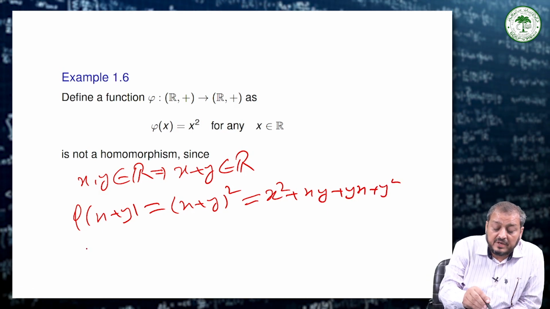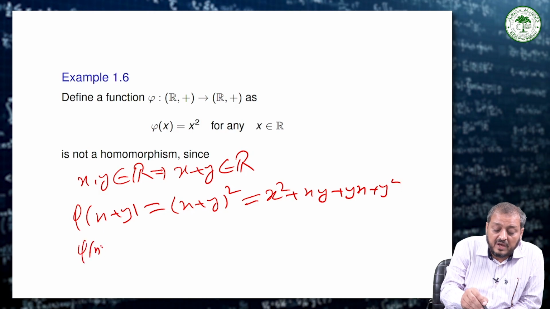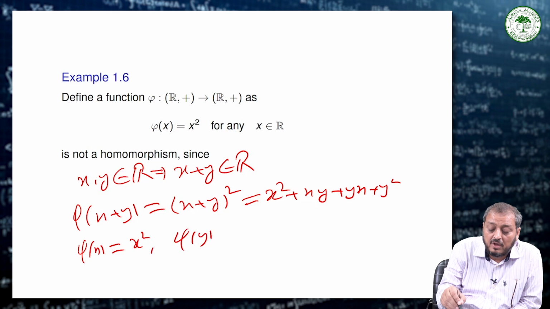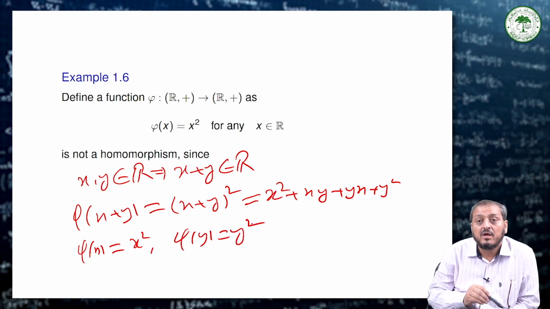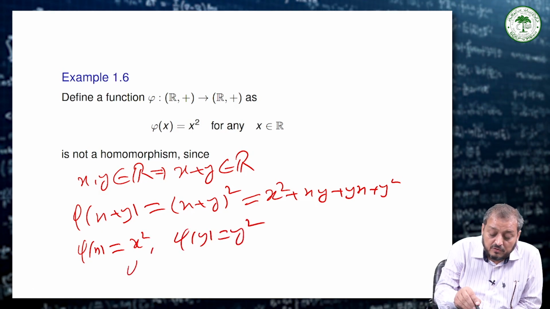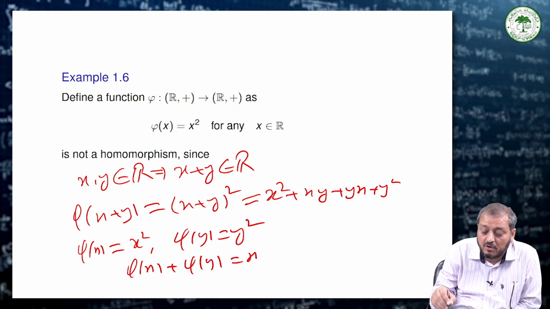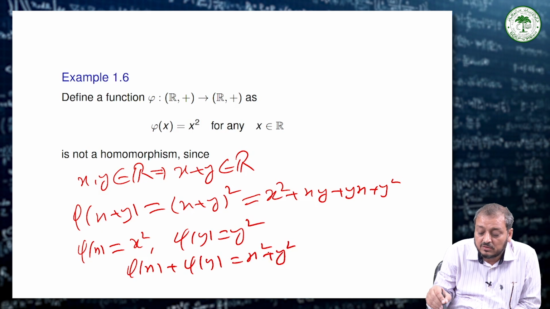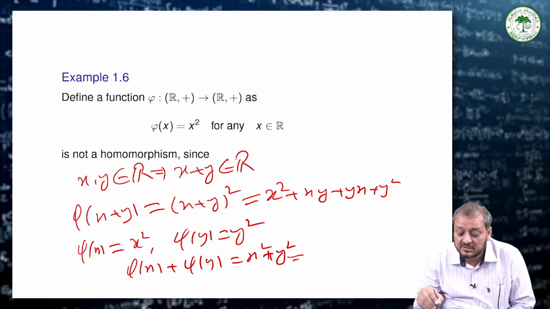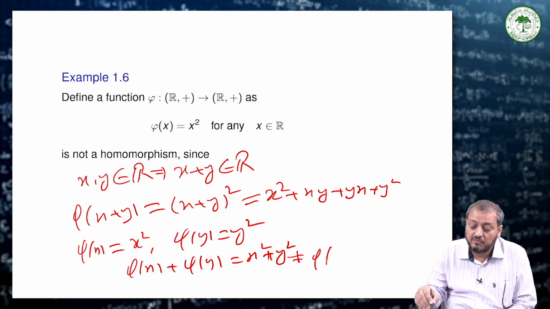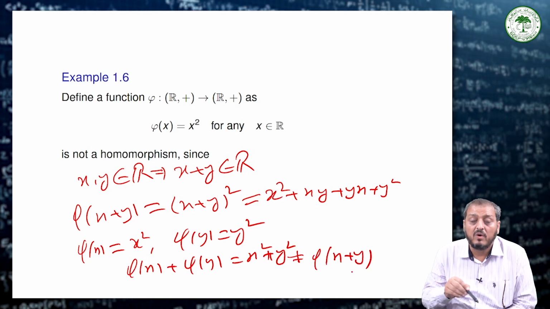Now if we take phi of x equal to x square, and phi of y equal to y square, then phi of x under phi of y is equal to x square plus y square, and this is clearly not equal to the quantity phi of x plus y.